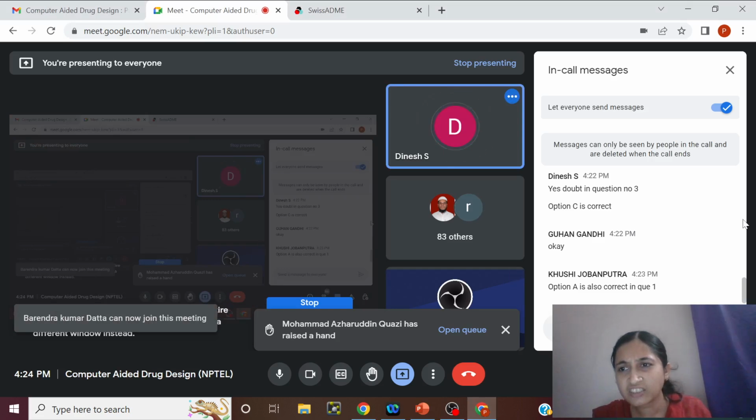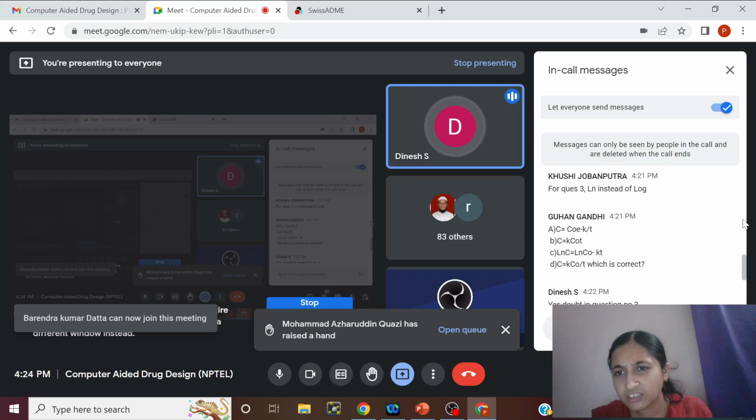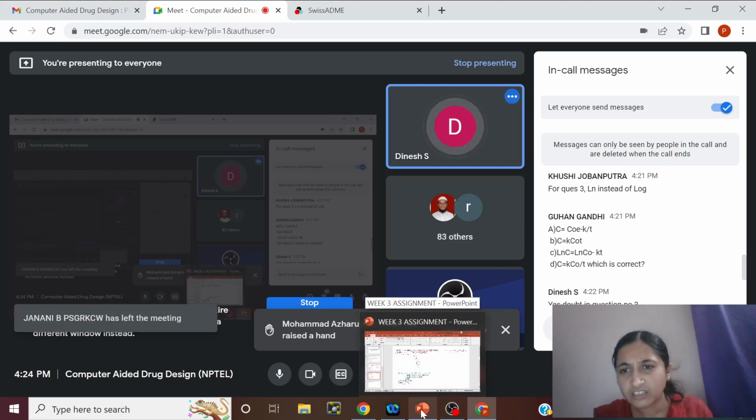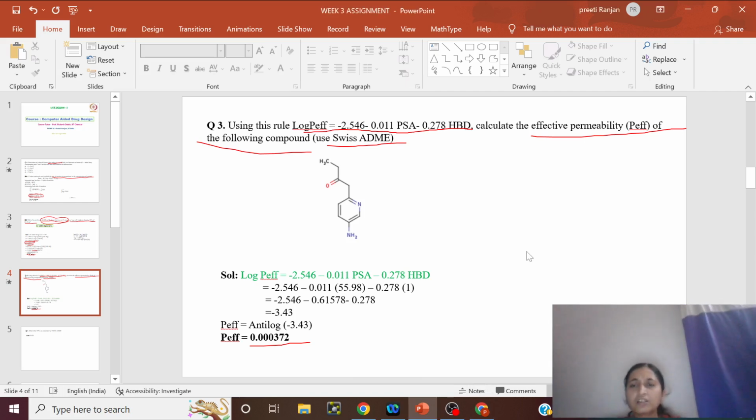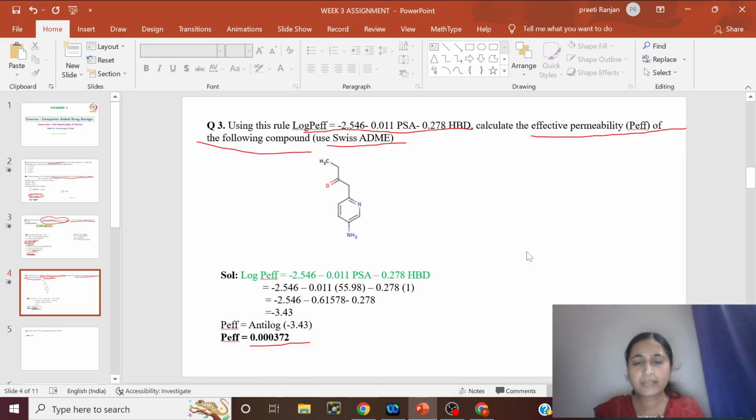Yes, Dinesh. Natural log means ln. Oh, ln is given. Oh no, then you have to multiply by 2.303.